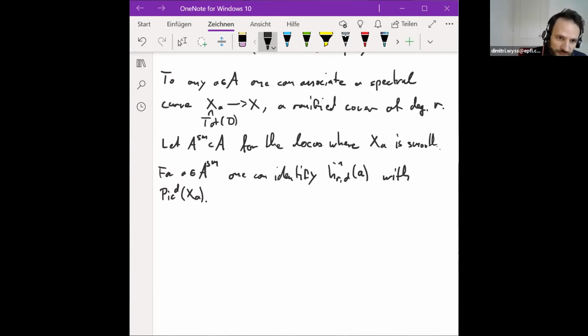So you should think of this Pic^d as an extremely nice space somehow, whereas a priori for the fiber of this Hitchin map we would not maybe know so much what to do.